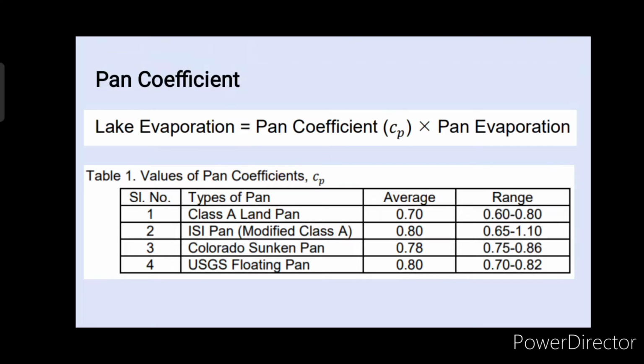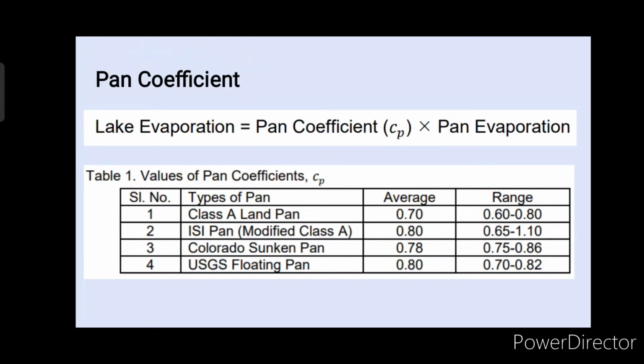Because of this, we calculate the lake evaporation by multiplying the pan coefficient and the pan evaporation. So in this table, we have the values of pan coefficients. The different types of pan are Class A land pan, ISI pan, Colorado sunken pan, USGS floating pan.